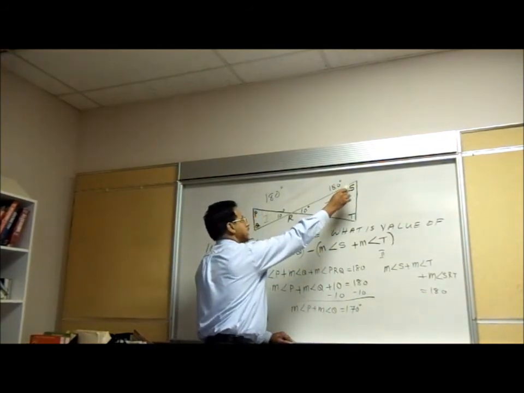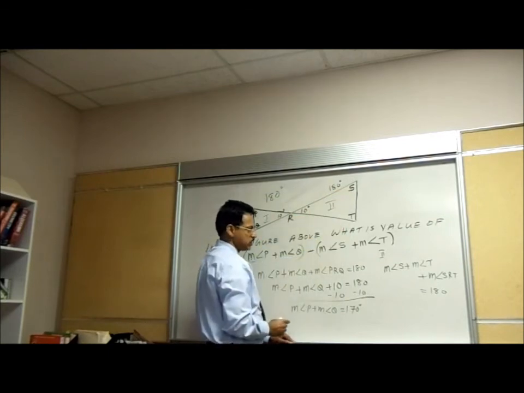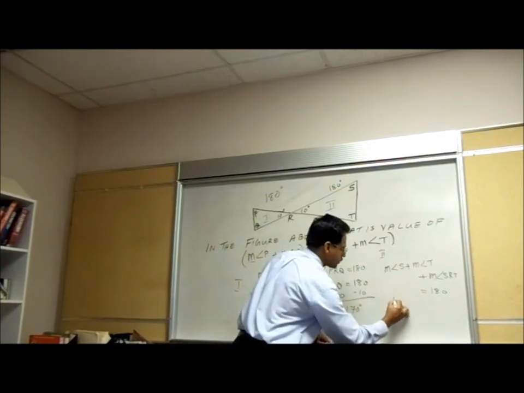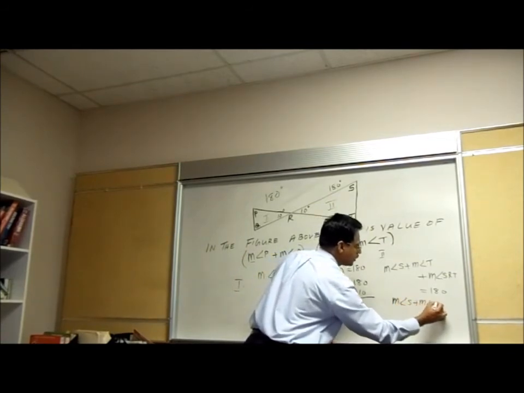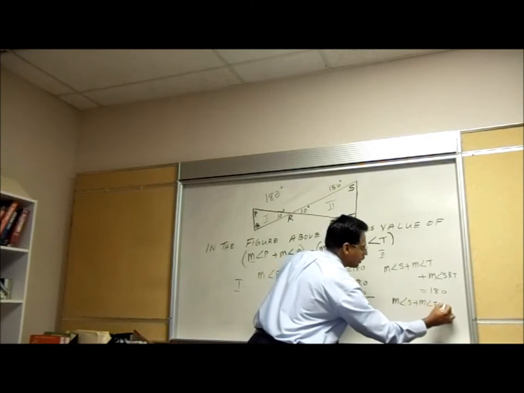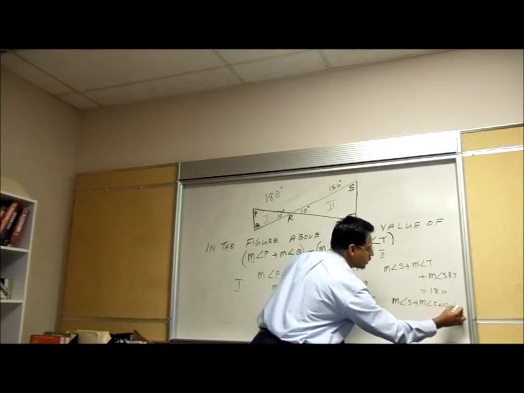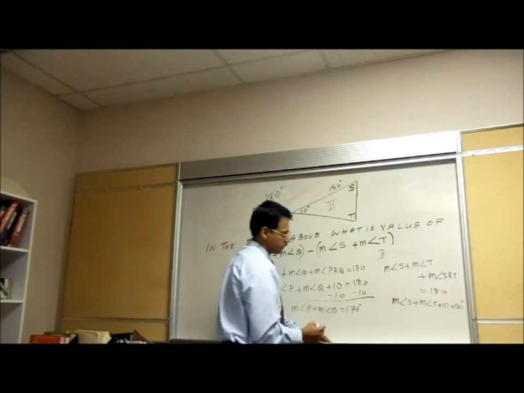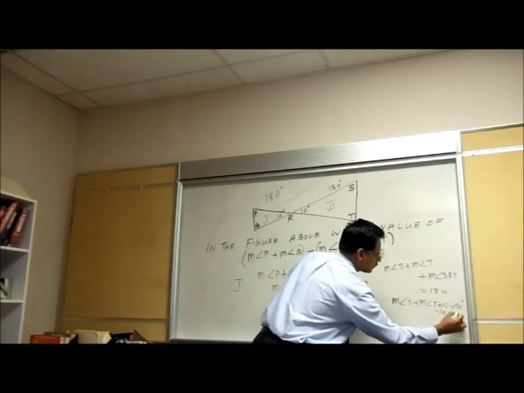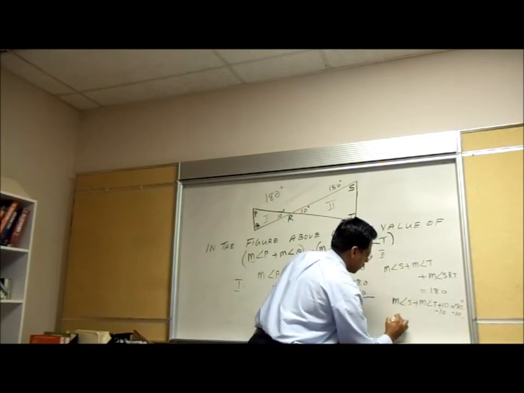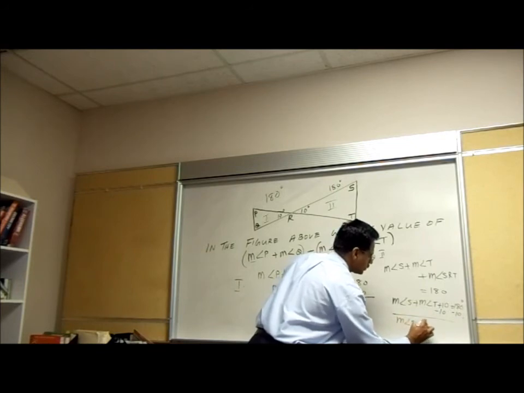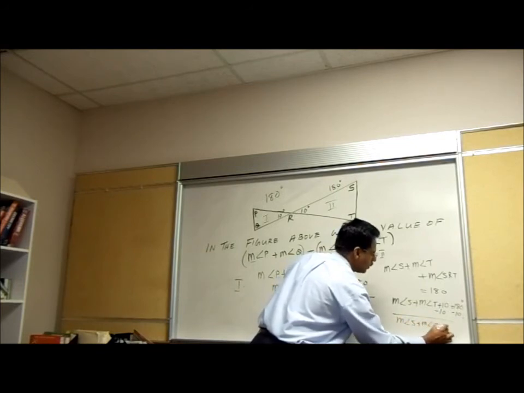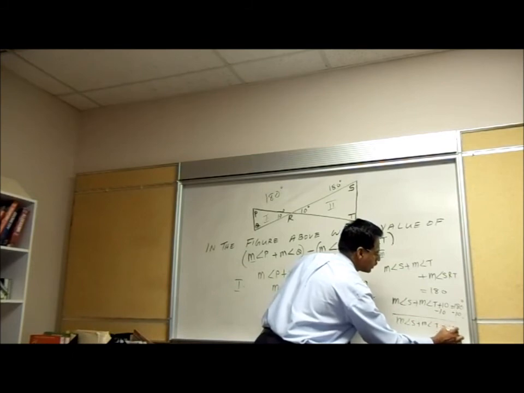Since the measure of angle SRT is 10, let's substitute for that. So measure of angle S plus measure of angle T plus 10 equals 180. Subtract 10 from both sides. So measure of angle S plus measure of angle T equals 170 degrees.